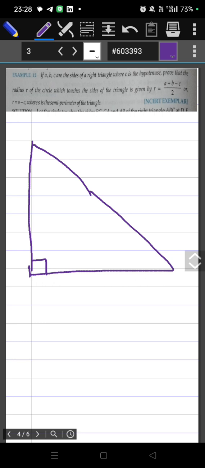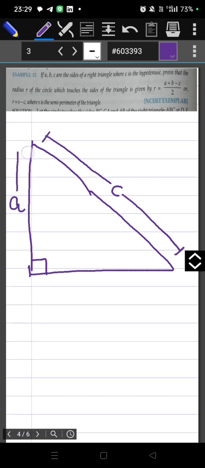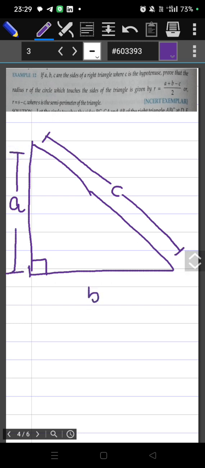Now it has been clearly mentioned that C is the hypotenuse, so this length is C. And this length is B, or else you can also take this side B. I will name it later. So let this point be X, this be Y, and this be Z. Okay.